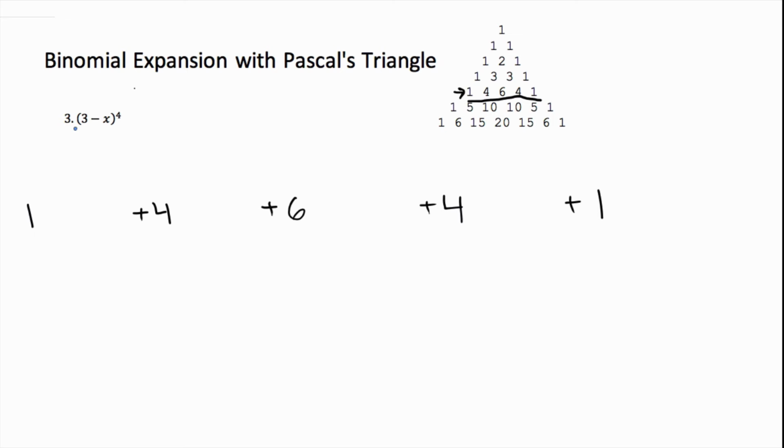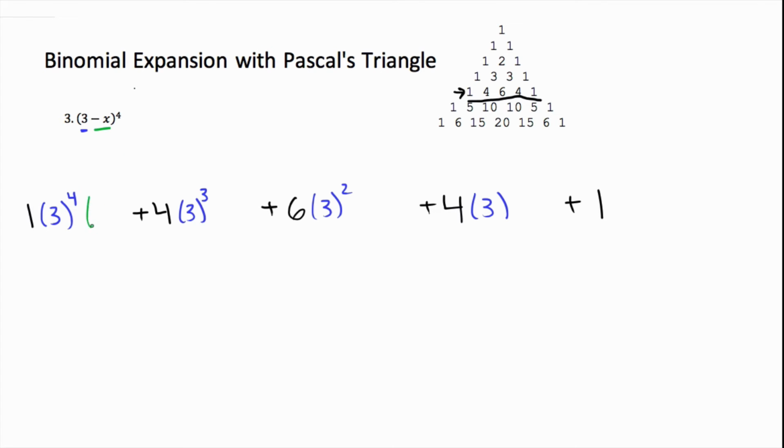So our next step is to look at the first term, 3, and we'll put that down. So we have 3 to the fourth power, 3 to the third power, 3 squared, 3 to the first power, and we won't put anything on the last term. Then we'll look at our second term, and we have negative x. So because it's a minus sign, we do need to include that negative sign in there.